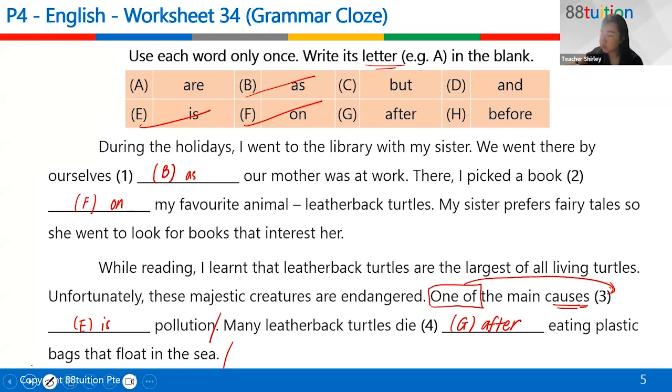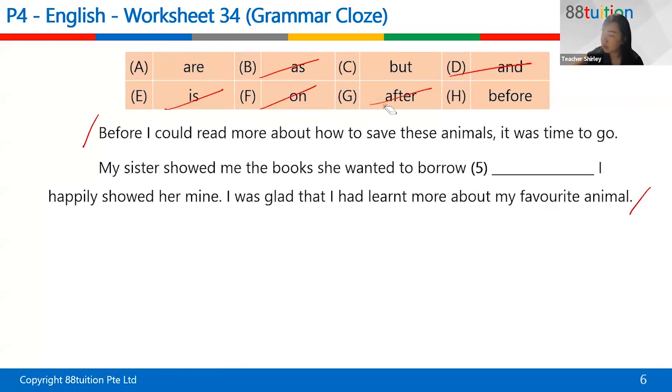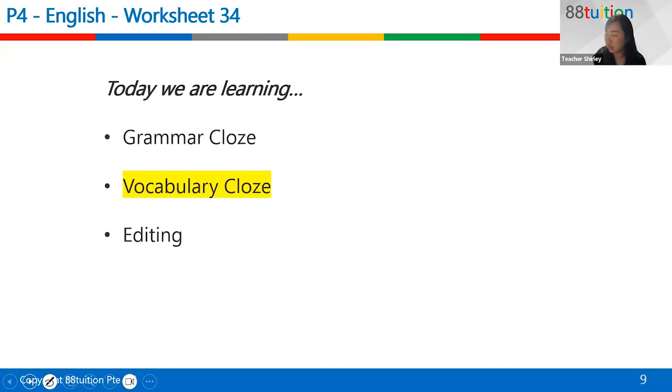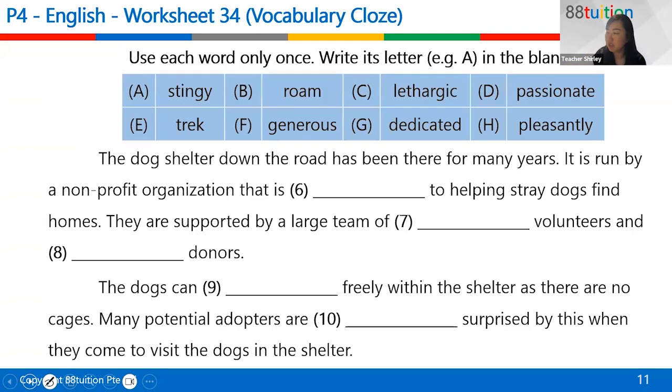Oh no, wait. To borrow, and I showed her mine. So this is a conjunction. Good. All right. So these are the answers: as, on, is, after, and. Okay, that's that. Next one is vocabulary cloze.